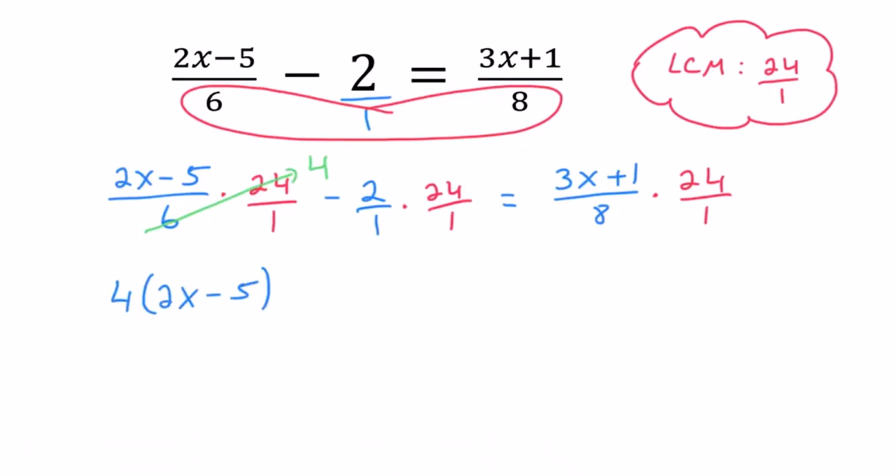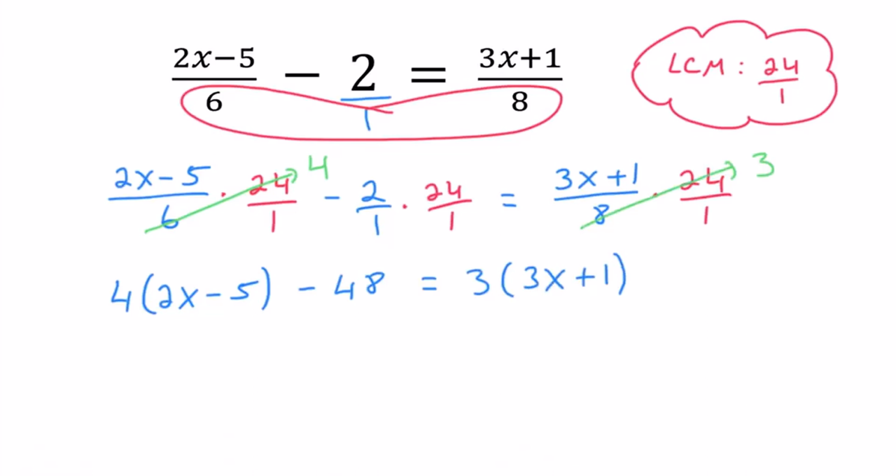So negative 2 times 24, which is negative 48 over 1, which is negative 48, is equal to 8 goes into 24 3 times. So we have 3 times 3x plus 1. And again, the parentheses need to be around the 3x plus 1. All the fractions should be gone.